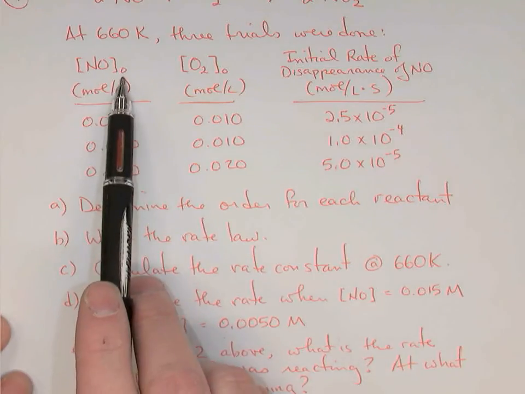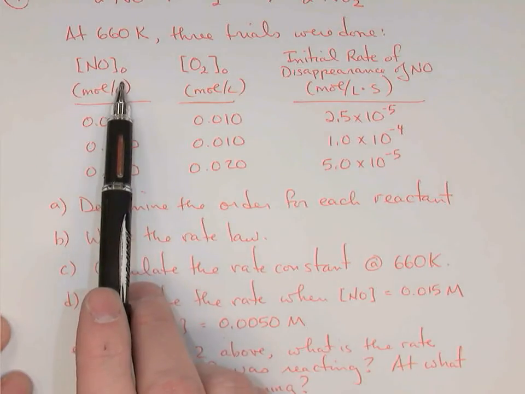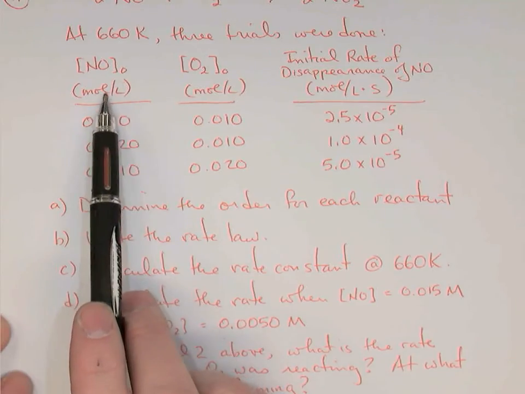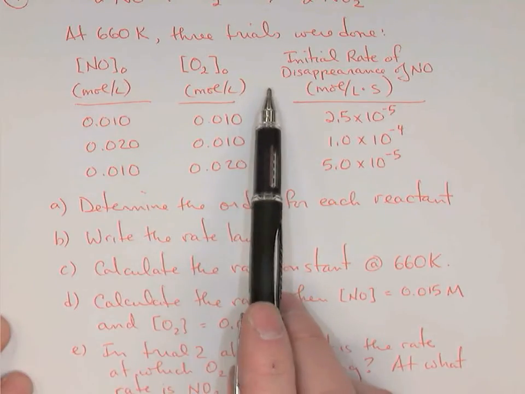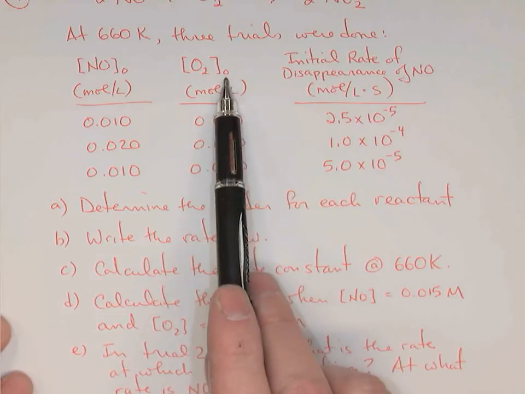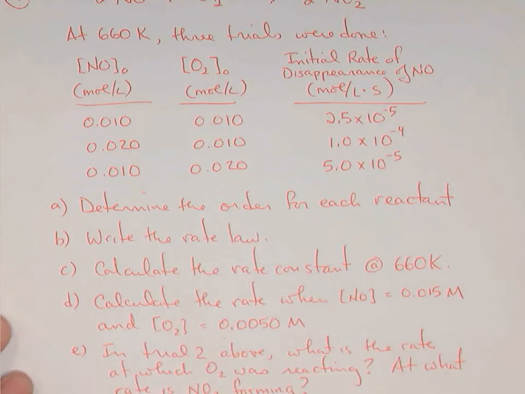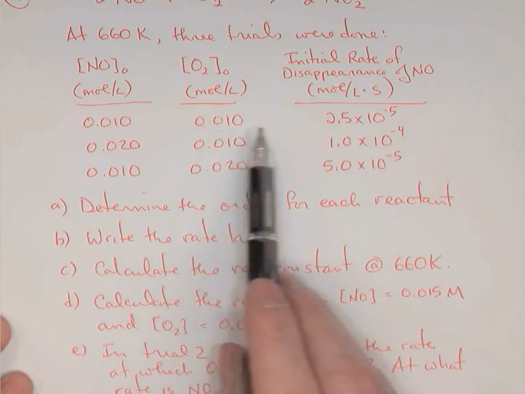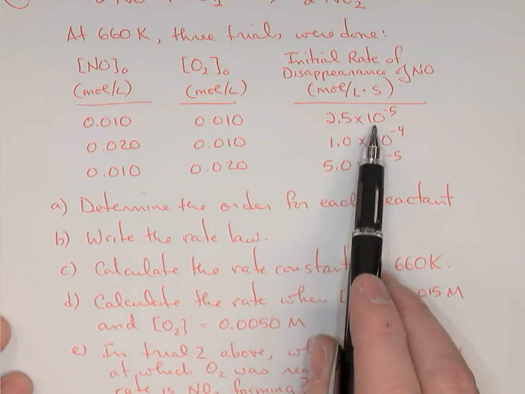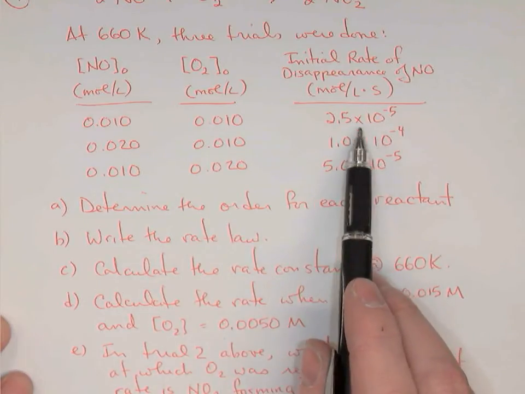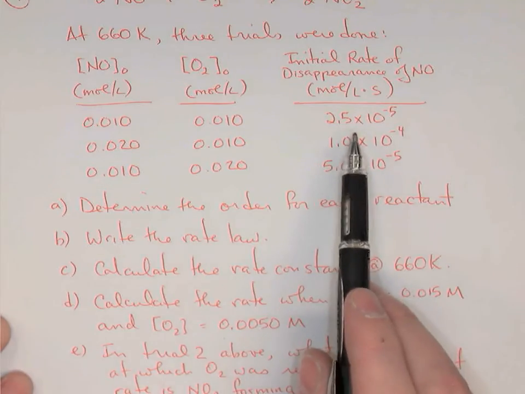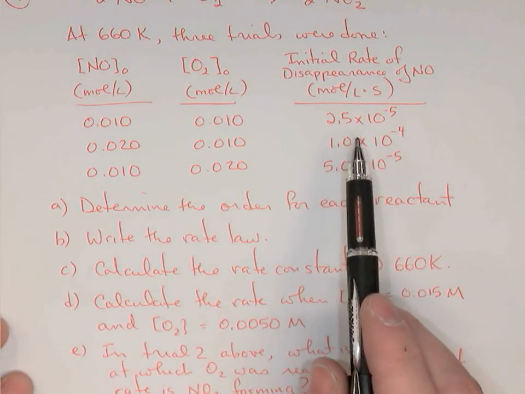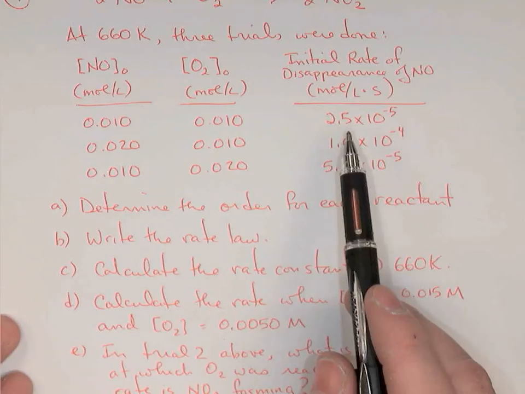The little 0 beside the NO in square brackets means the initial concentration of NO, and the initial oxygen concentration, little 0 means the same thing, was 0.010 moles per liter. The rate was measured, and here it is, 2.5 times 10 to the minus 5 moles per liter per second. And that was the rate at which NO was disappearing in the reaction.